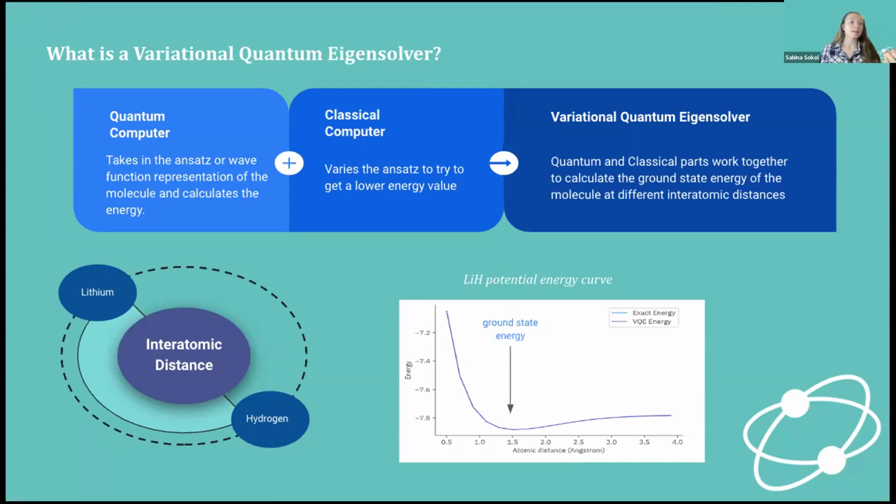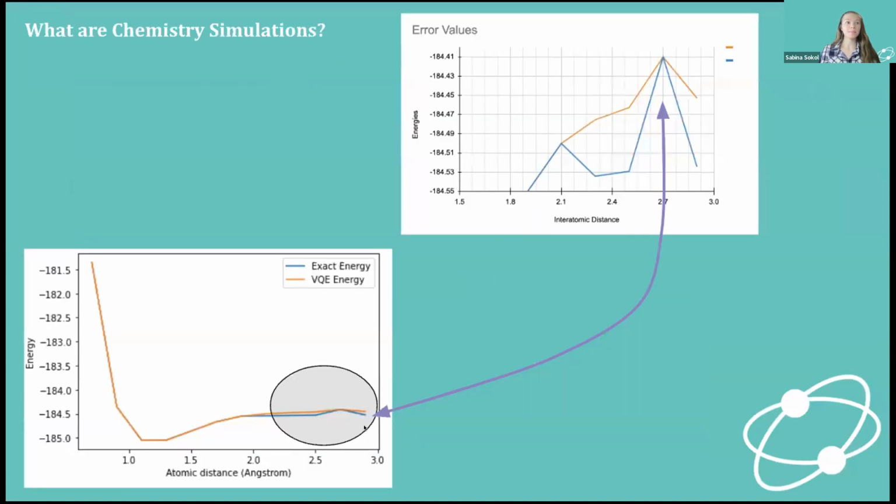So you have this educated guess at a point generated by the quantum computer, and then a classical optimizer is going to play around with that value to generate the lowest possible energy at that point. This continues until the VQE has found the minimum energy of every point within the defined range, which is 0.5 to 4.0 angstroms in this case.